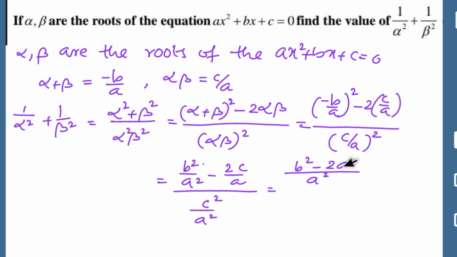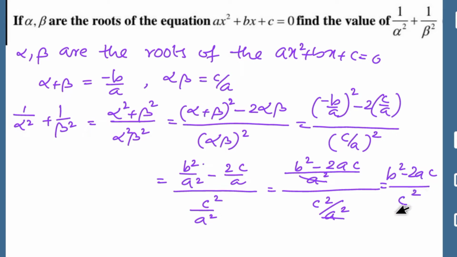So write 2ac by c square by a square. Now this a square cancels. Answer: b square minus 2ac by c square. Okay, b square minus 2ac by c square. Next question.